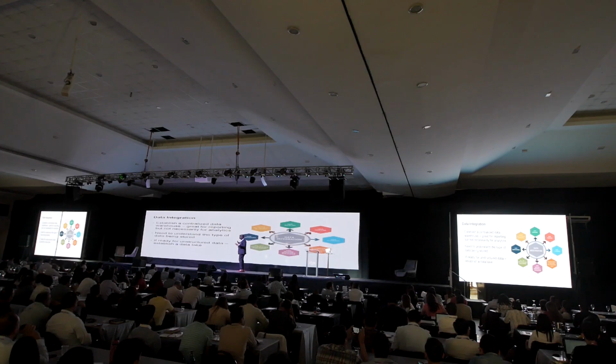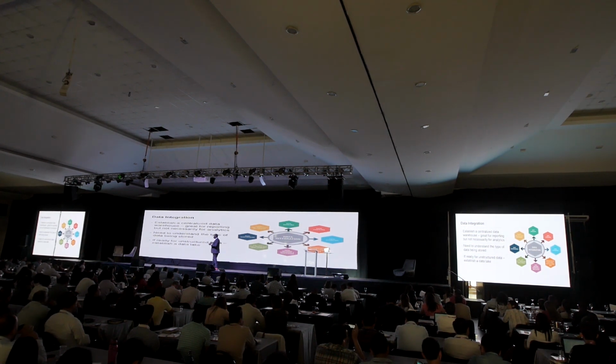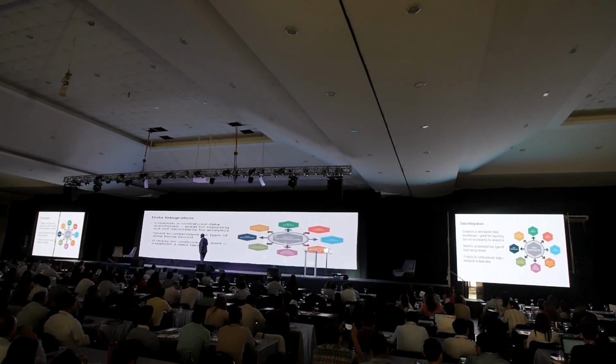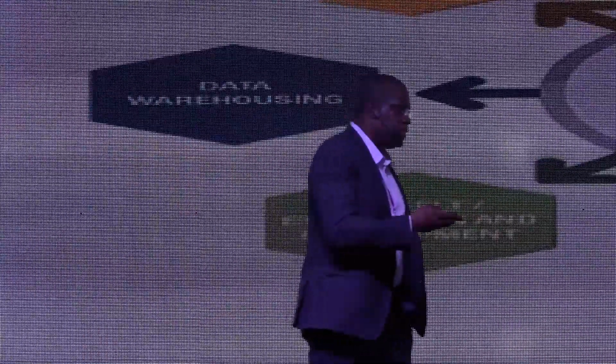You need to understand what this data is going to be used for. What am I planning to use this data for? And what type of data am I going to store? Am I ready for unstructured data? And I'll tell you what unstructured data means in a minute. And if I am, then instead of a data warehouse, I'll be looking at what's called a data lake.